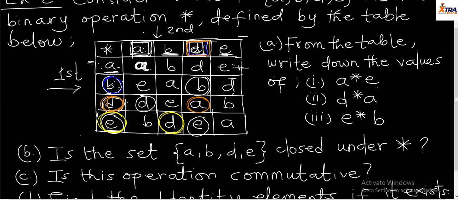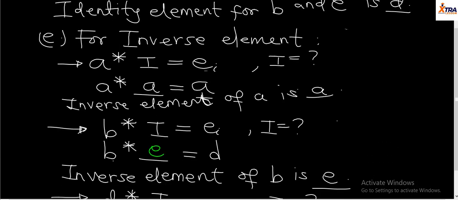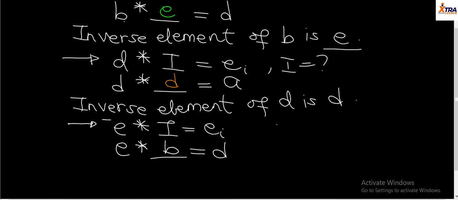The only thing that we'll be able to relate with here that will give us that is our B. We know that when we operate E and B together, it gives us D. That means B is the missing value here. And then that means B becomes our inverse element of E. So I can say that was the inverse element.